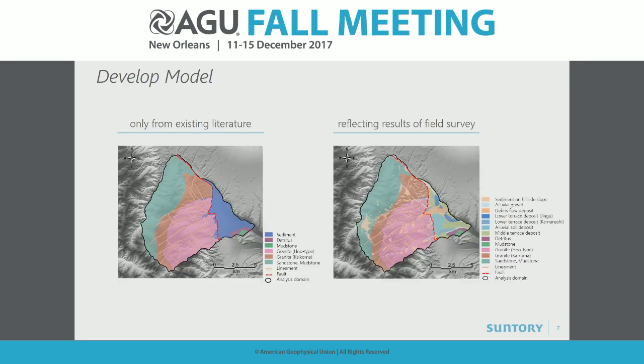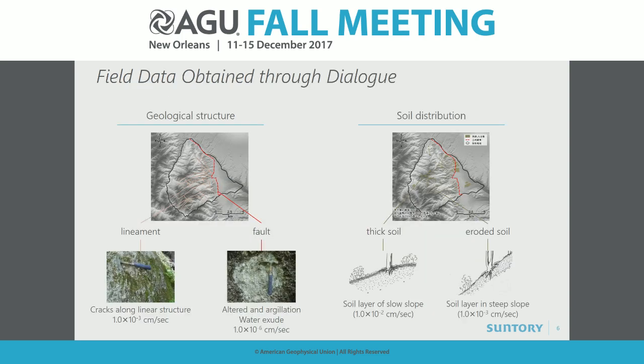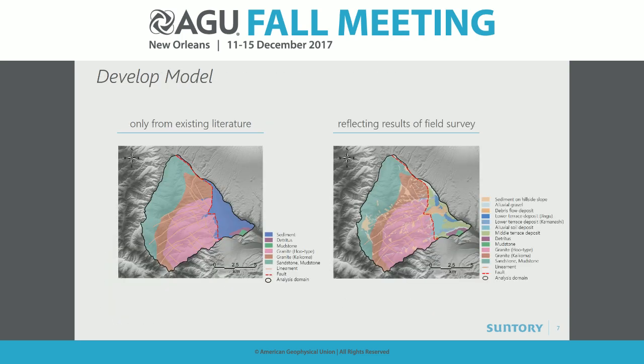And this is the developed model. The left shows the original one, which was developed only from existing literature. It is kind of simple. After the field surveys, actually we had four rounds of field data over four years, we reflected the lineaments, soil layers, and other field data in the model.